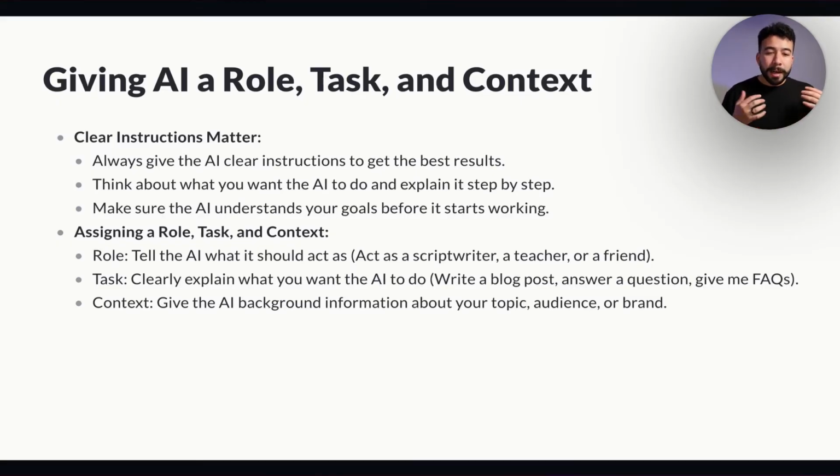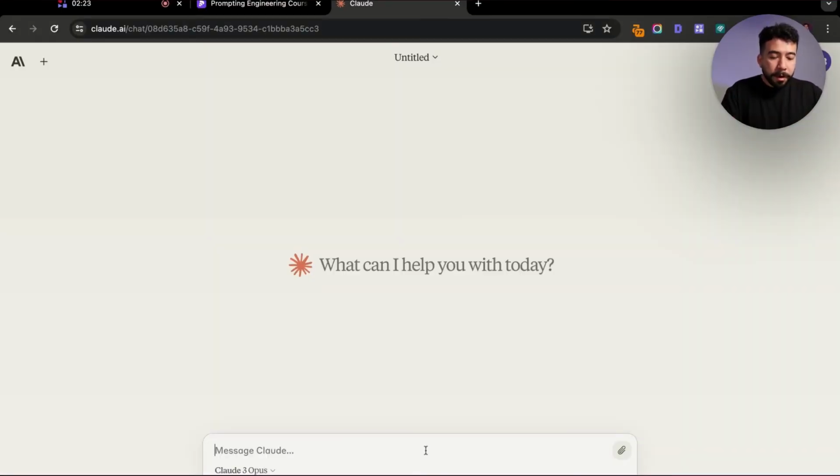So I can go ahead and do a test run for you. And from there, it gets pretty simple. All right, so let's start a new prompt. So I'm going to give it a role. Assume the role of a YouTube title expert who even worked for Mr. Beast.